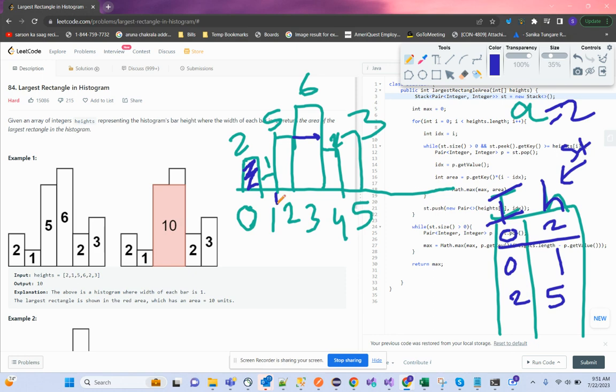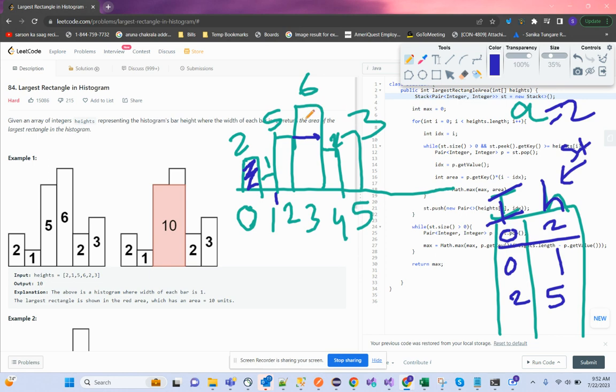So we have to calculate from index 2. When to check the area? When we are popping that particular height, at that time we have to check the area. But right now all are increasing heights, so we are not calculating the area and not popping anything. When there is a decreasing height, at that time we can calculate the area and come to a conclusion.